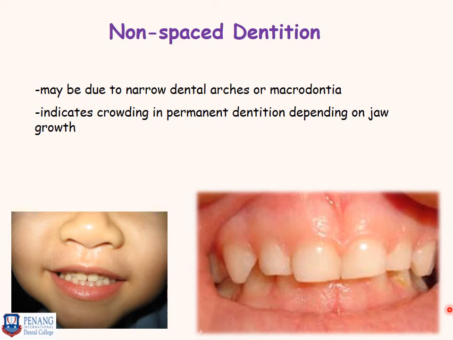You cannot guarantee that a jaw with a non-spaced dentition will have crowding. If the jaw growth occurs more in these children, the permanent dentition will be accommodated and there will be no crowding. In this picture, this child has no spaces between the teeth, compared to the previous picture, where there was space between each tooth.